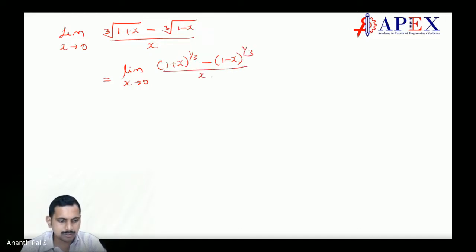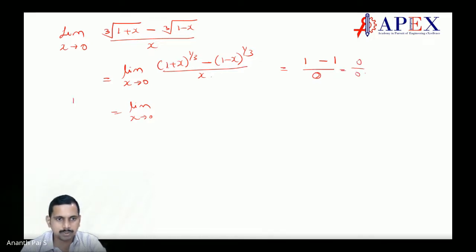When x tends to 0, you get a 0 by 0 form. You get 1 minus 1 divided by x, which is 0, so that is 0 by 0.